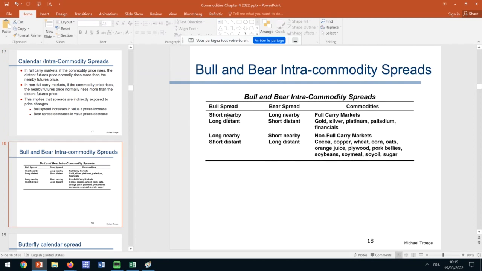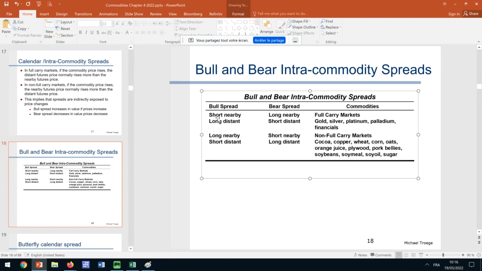Now, if you short the nearby and you have a long position in the distant, if they go up in parallel, you are hedged here, of course. But normally in this case, if prices go up, they go up more in the long. So it means that you're making money if you have this short nearby and long distant position.